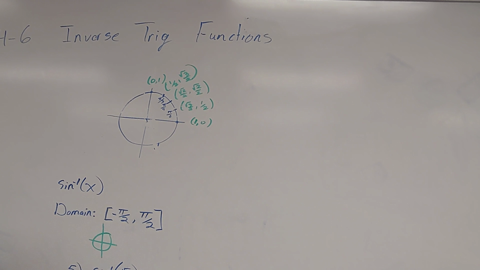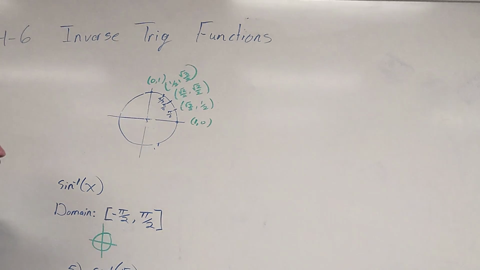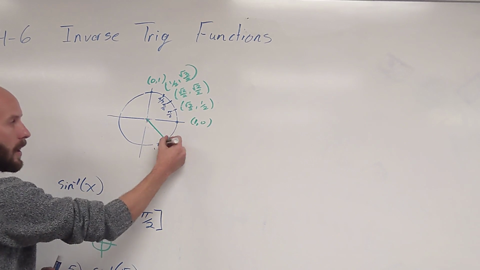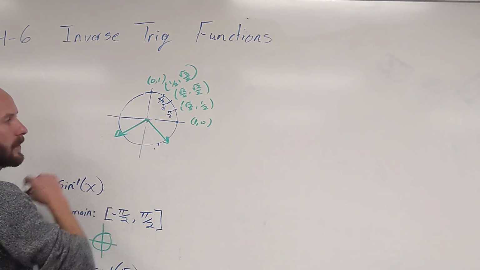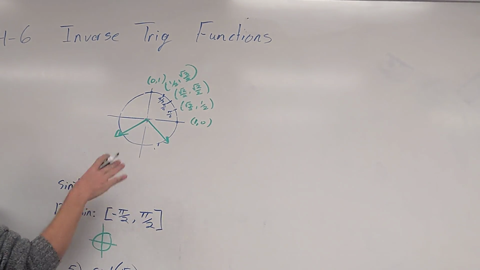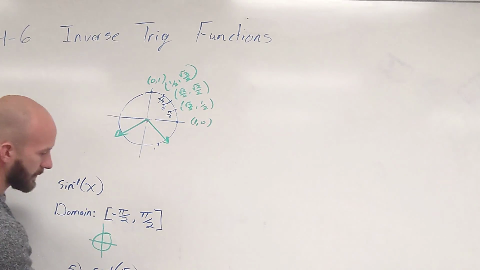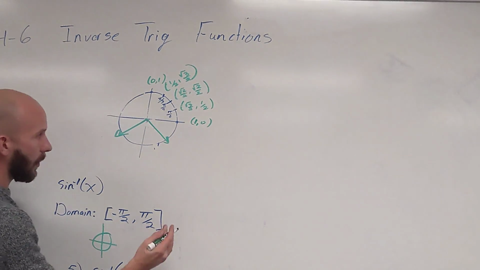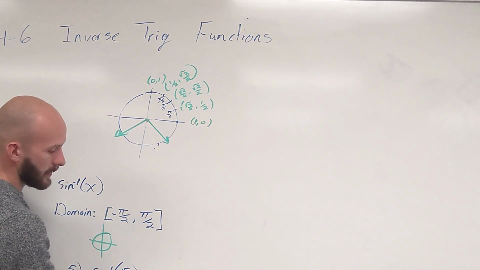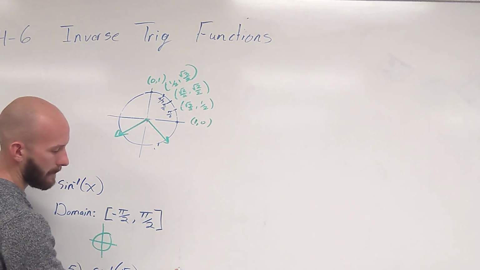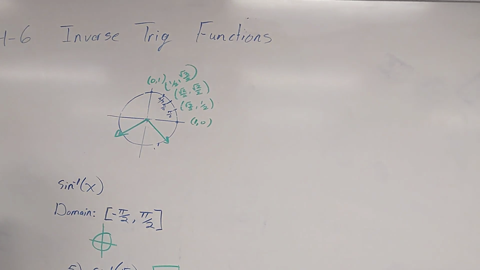So where on the unit circle, what angle would have sine equal to negative square root of 2 over 2? Negative pi over 4, right? Wouldn't negative 3 pi over 4 or 7 pi over 4 work? It's out of the domain. So the only correct answer here is negative pi over 4.